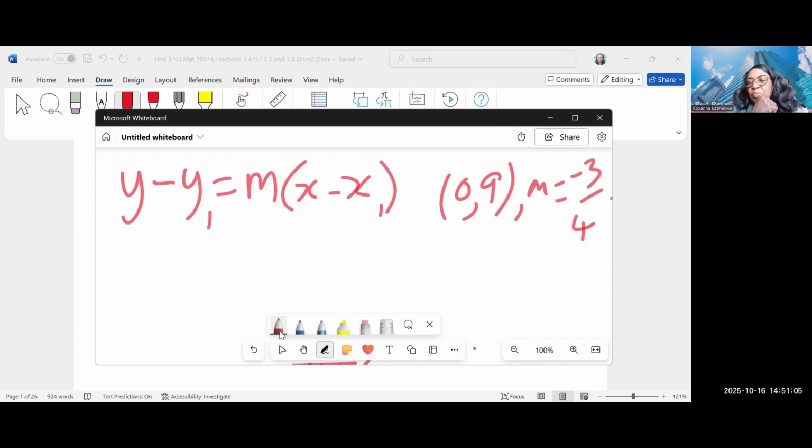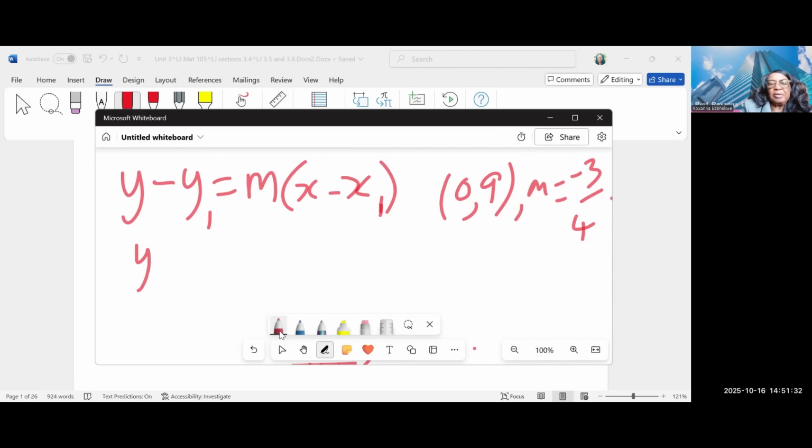Then you plug in the point and the slope into the point-slope formula, then convert your equation to slope-intercept form. In other words, we start with point-slope formula and we end with slope-intercept form.